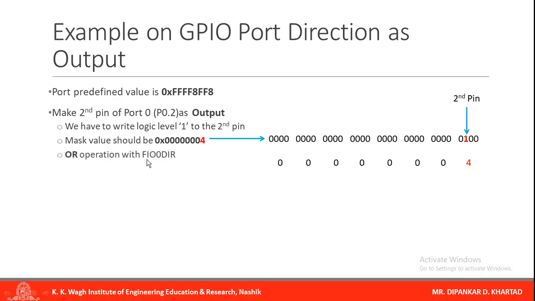So OR operation with the FIO0DIR. So FIO0DIR OR with 0x, again this one. This is the mask value we have to calculate. Or in a simple way, you can move 1 by left shift by 2. So FIO0DIR equals 1 left shift by 2.